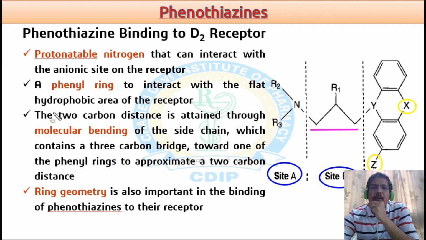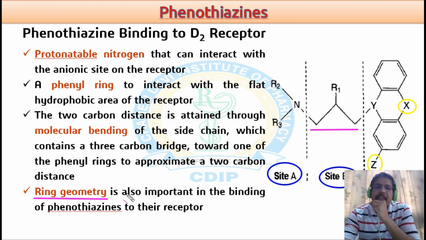So out of these 4 points, 3 points we discussed or covered, but the fourth one is the ring geometry, and this ring geometry also plays a key role in the binding with the receptor, because this ring geometry is able to give the puckering of this tricyclic heterosystem.